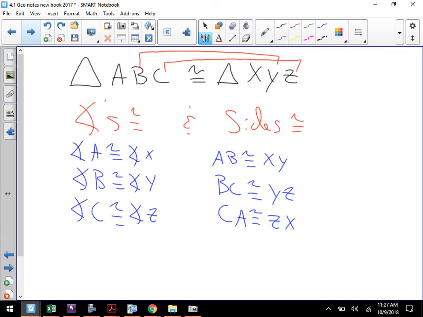Can I say AC? If I say AC, what would have to match up? If I'm following the letters, if I say AC, first last, isn't it? What would have to correspond to that? XC. You're not wrong that they are the same because it's the same thing forward and backwards.